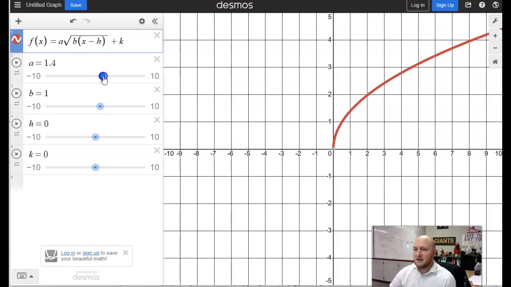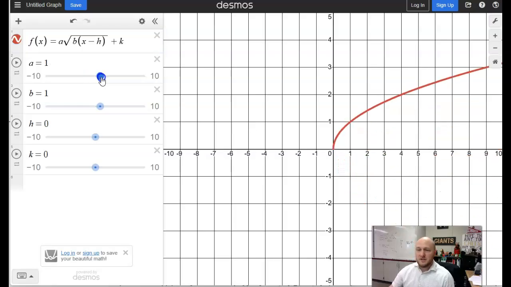So I want to recap with you an a value. If I change my a value, it can cause vertical dilation, specifically stretch and compression, or if a is negative, it also causes a reflection. So just recapping this, if your a value is normally 1, right? You're multiplying by 1. If you multiply by a bigger value, that causes stretch.